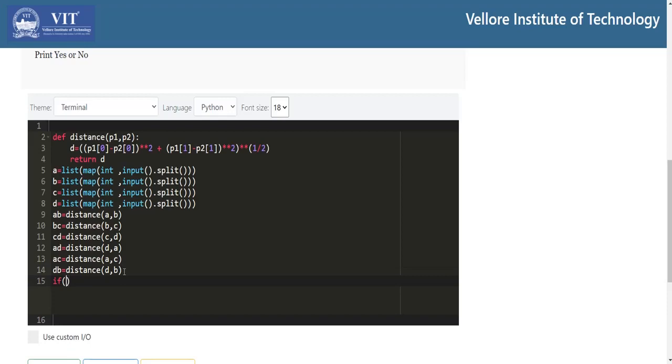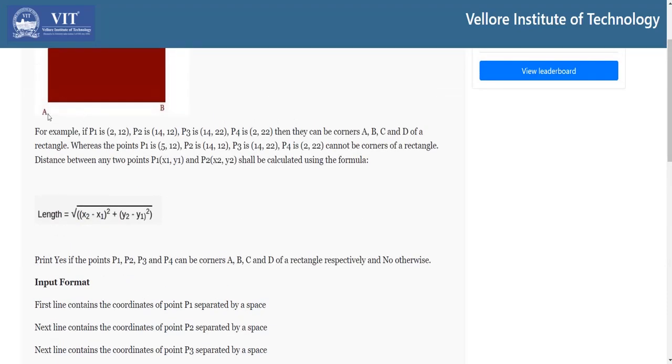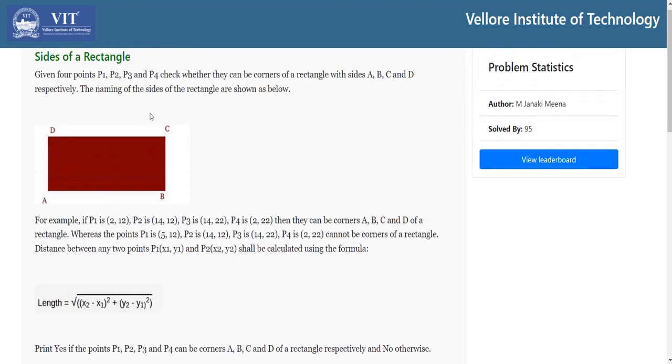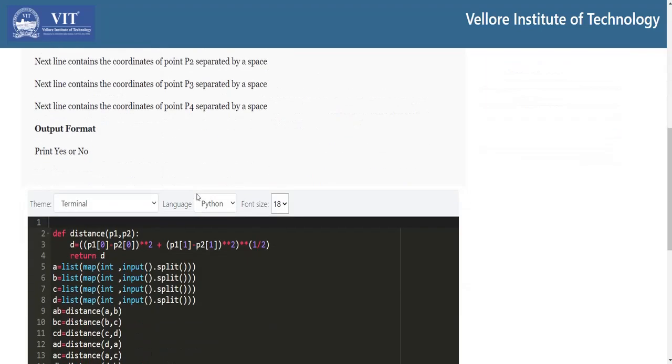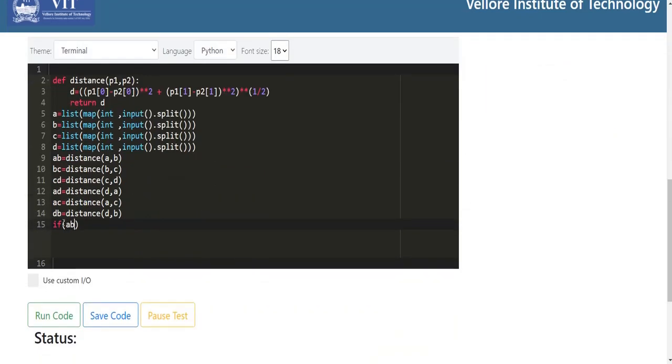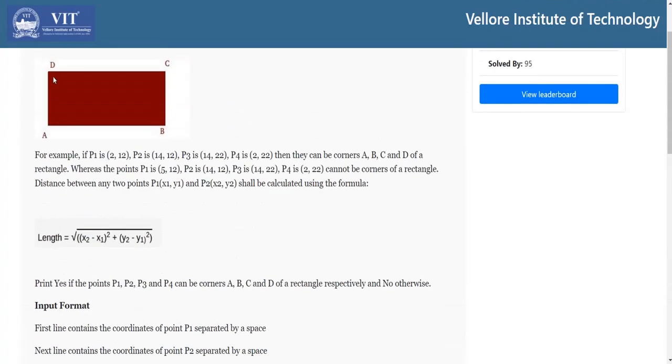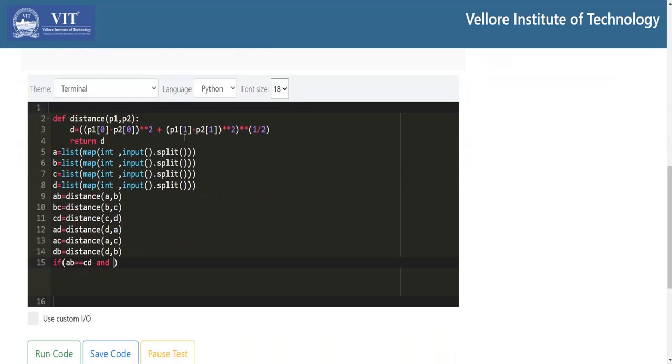After finding all these distances, I have to check that the length of the side AB is equal to the length of the side CD. So if AB equal to CD, and the next opposite side is AD equal to BC.